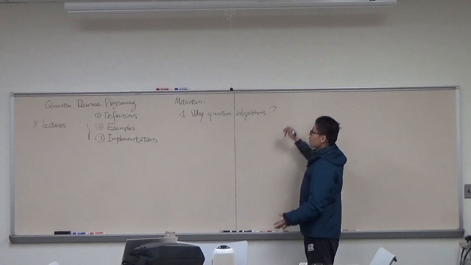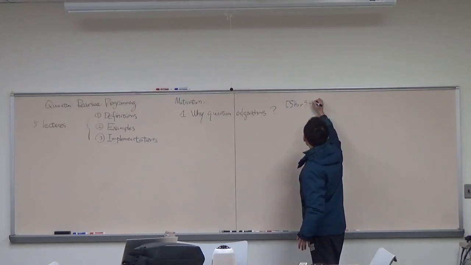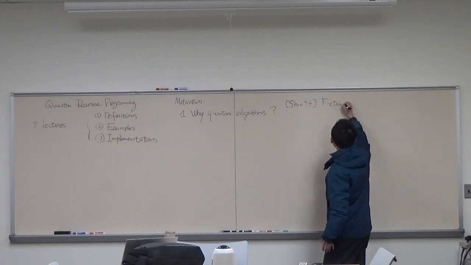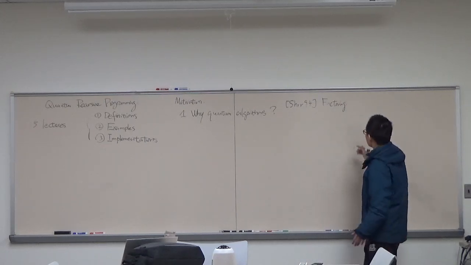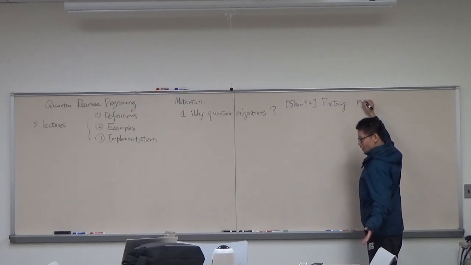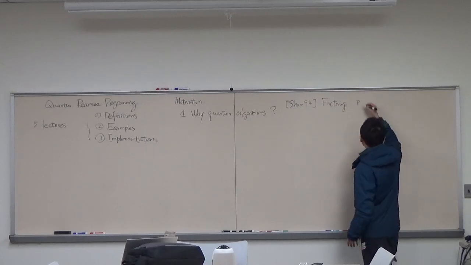Most of you have probably heard of Shor's algorithm, Shor 94, for factoring a large integer, and it has an exponential speedup over the best known classical algorithm.